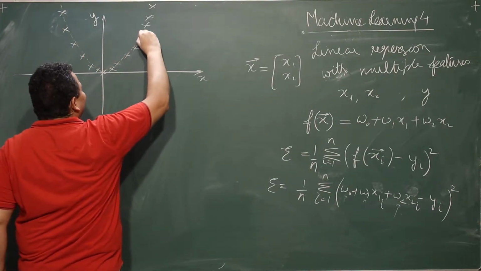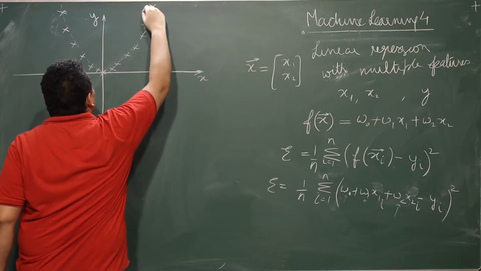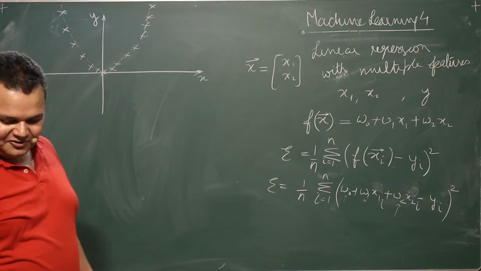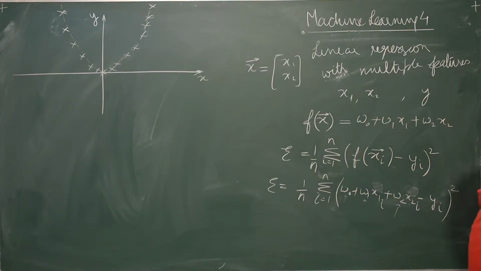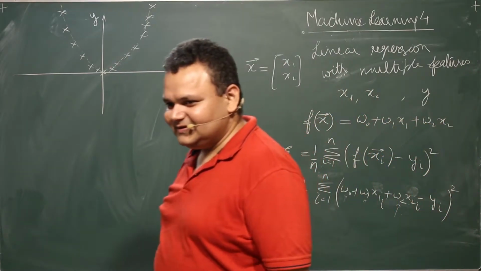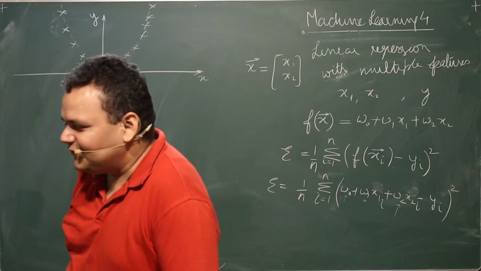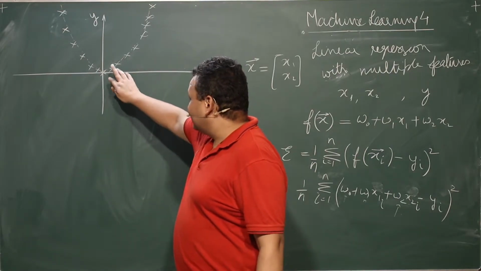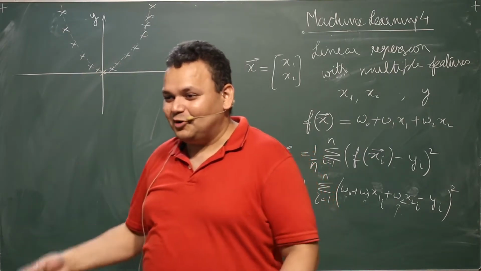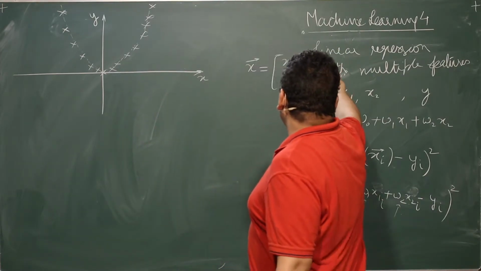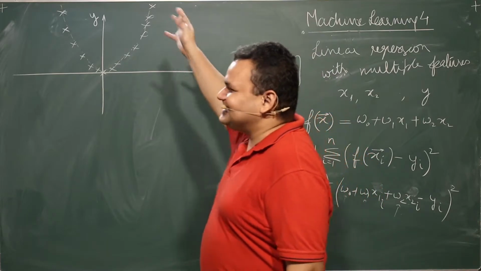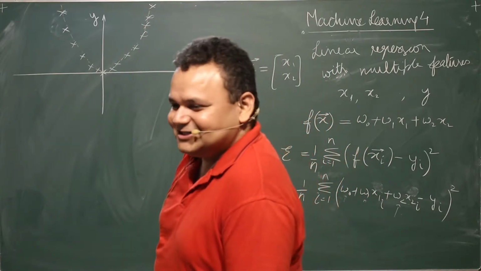And we all know how many degree polynomial is required to represent a parabola. How many degrees of polynomial do we require? If I were to do it using polynomial regression, we can call this linear regression extended to something called polynomial regression.